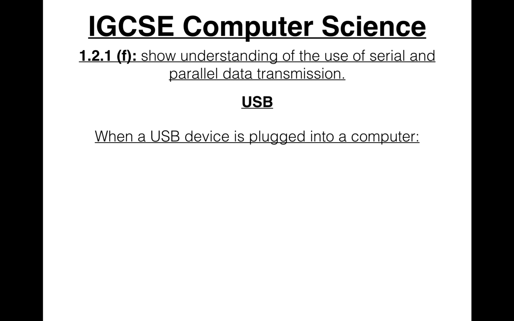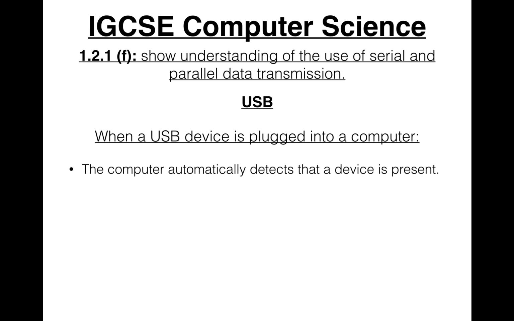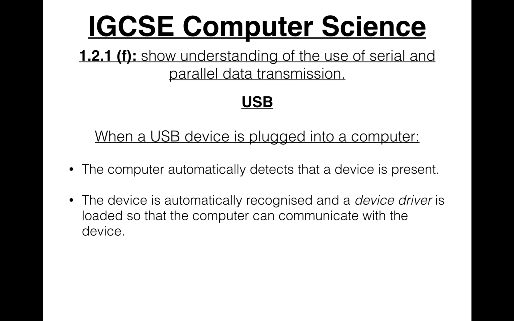So when a USB device is plugged into a computer, such as a thumb drive, the computer will automatically detect that a device is present. The device is automatically recognized, and a device driver is loaded so that the computer can communicate with the device. It's sort of like what we were talking about with MIDI devices, where you're going to need a MIDI device in order to read MIDI files.